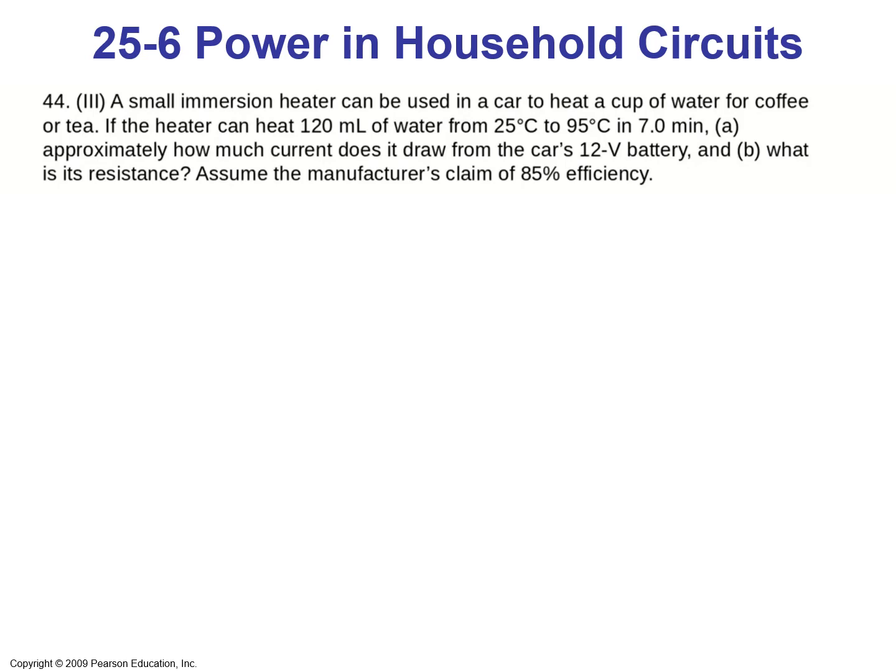Assume the manufacturer's claim of 85% efficiency. So for part A, we should convert energy, and the efficiency claim of 85% of the electrical power is dissipated by the heater. That's the rate at which the energy is absorbed by the water. And we should recall that 1 milliliter of water has a mass of 1 gram.